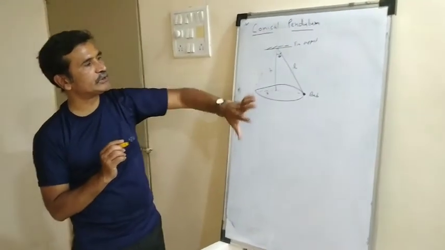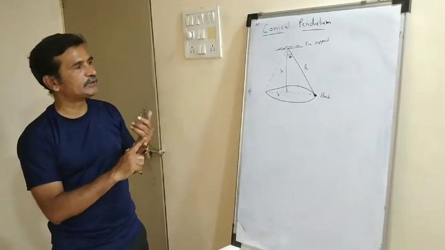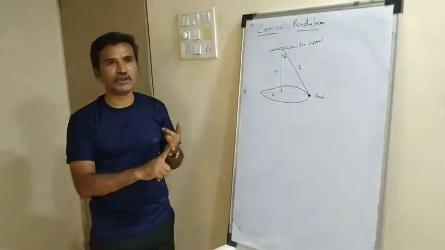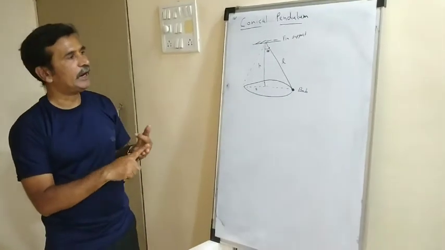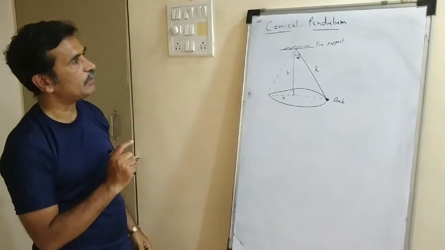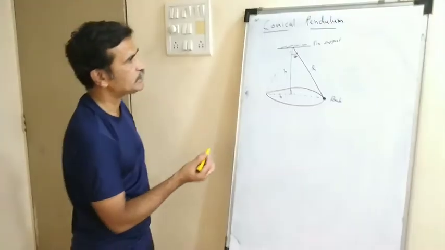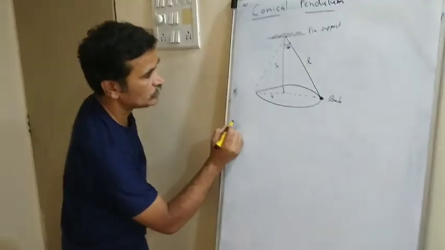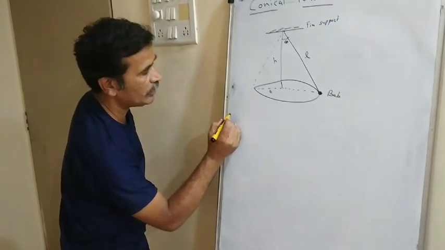So out of these, one question is asked: find out expression for theta, find out expression for V, find out expression for omega and find out expression for T. T means period. Let us see one by one the expressions for the conical pendulum.